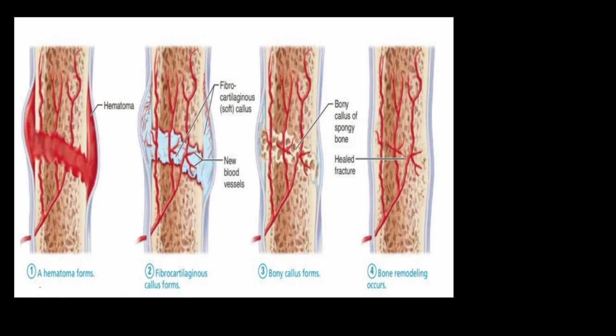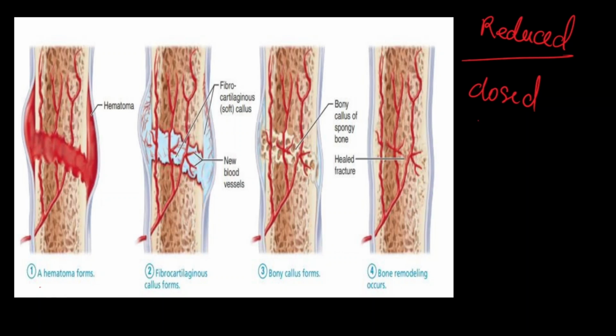The term reduction is used for the realignment of broken bones. We could have a closed reduction or an open reduction. In a closed reduction, the physician simply uses their hands to realign the broken bones to their original position. So that's a closed reduction. It's literally closed.